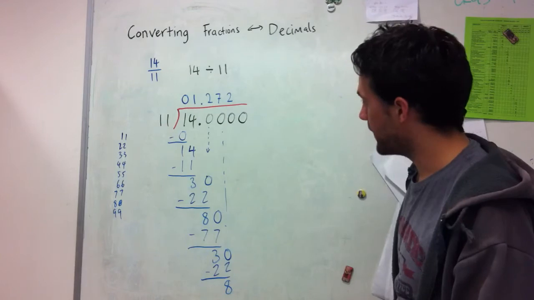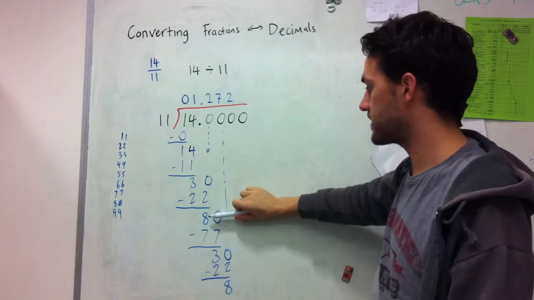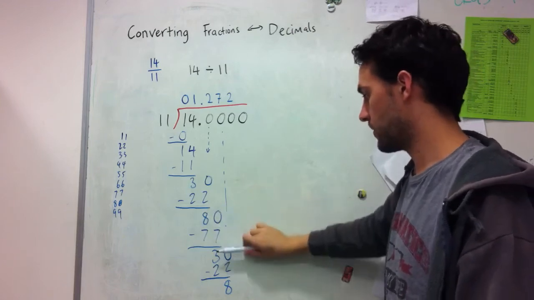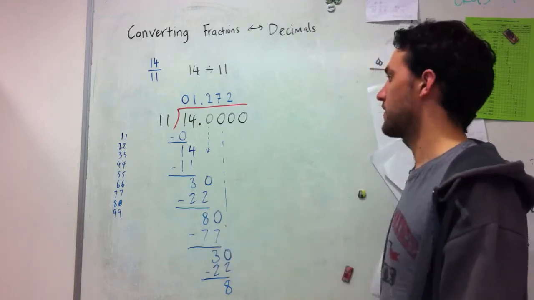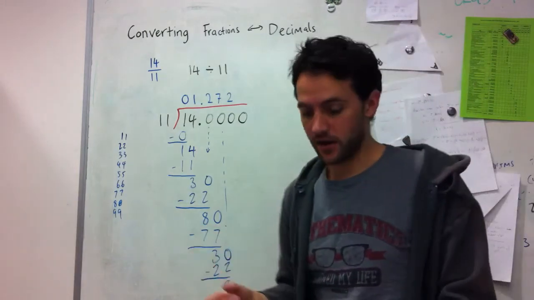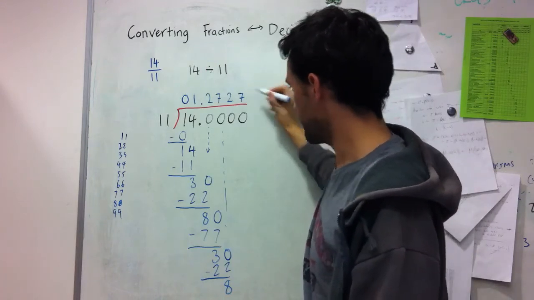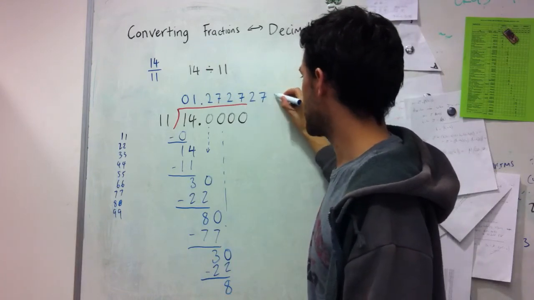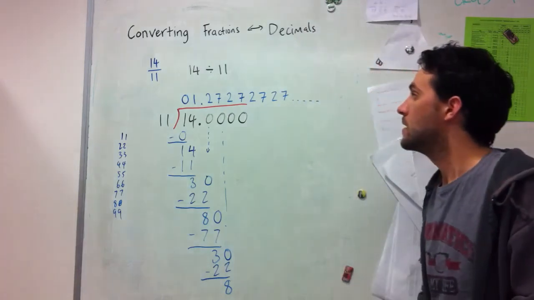So each time I'm going to divide 30 and get a remainder of 8, and then I'm going to divide into 80 and get a remainder of 3, and then I'm going to divide into 30 and get a remainder of 8, and the process is going to continue. So at this point I have to recognize that this is going to be a recurring fraction where the digits 2 and 7 keep on recurring indefinitely.